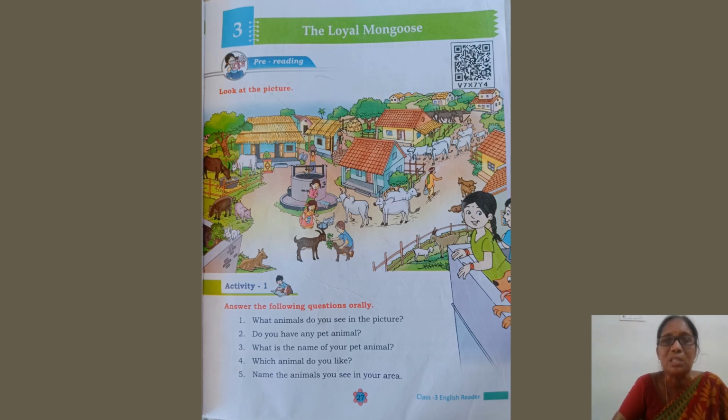So we see such animals in the picture also. We find the same animals in our area also. We find cows, goats, dogs, cats, pigs, monkeys, etc. Okay.